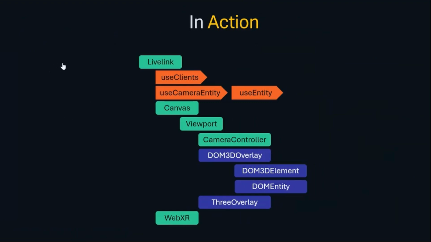So this is basically what I mentioned, the samples. It also acts as tests for us for all that we've built on the LiveLink React. Oh, I didn't mention as well that the whole layout thing is composable.